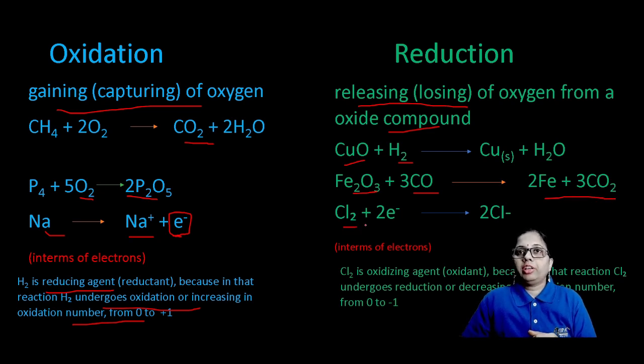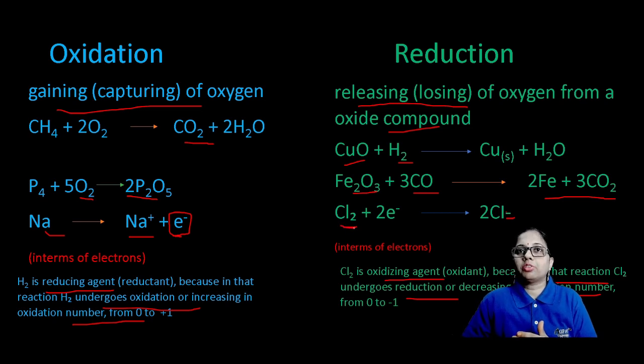Similarly, in terms of electrons, chlorine gains electrons to form 2Cl-, the negative charge coming. So it is accepting the electrons. So Cl2 is called an oxidizing agent because in this reaction Cl2 undergoes the reduction process, that means a decrease in oxidation number from 0 to -1.